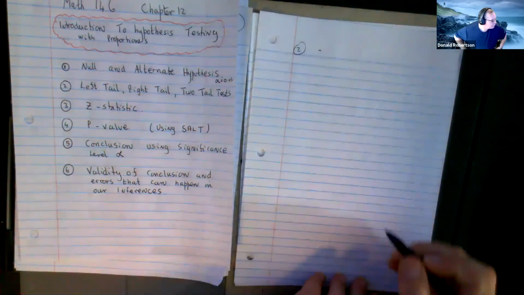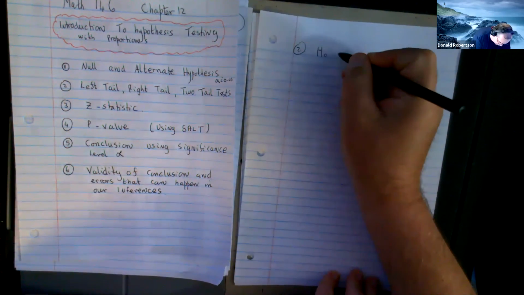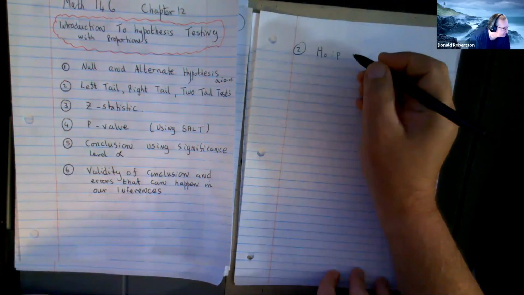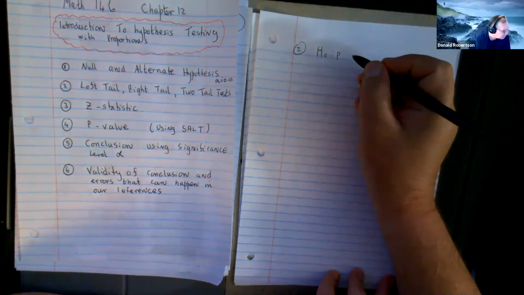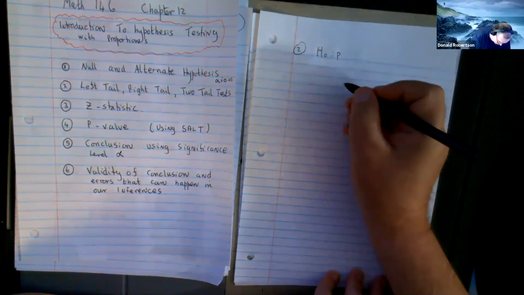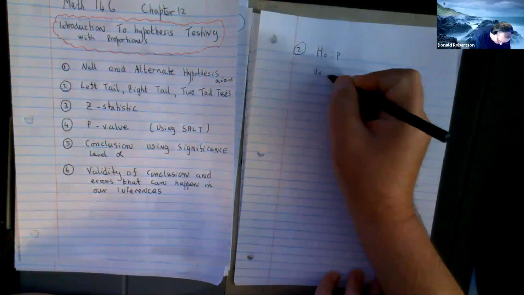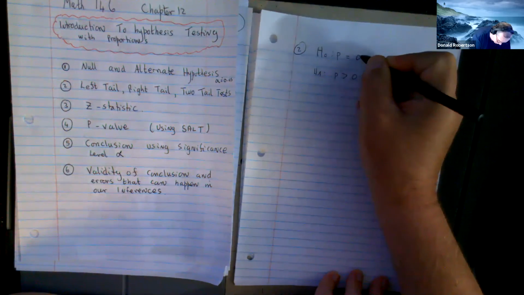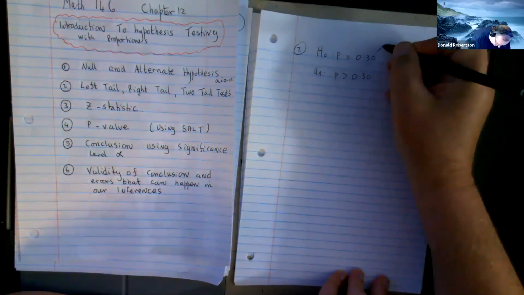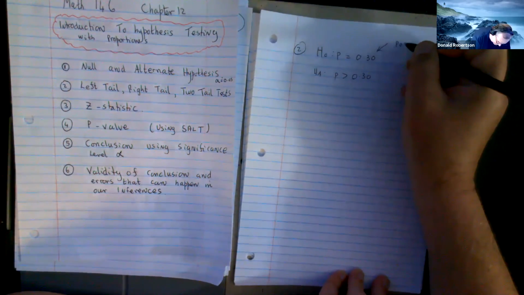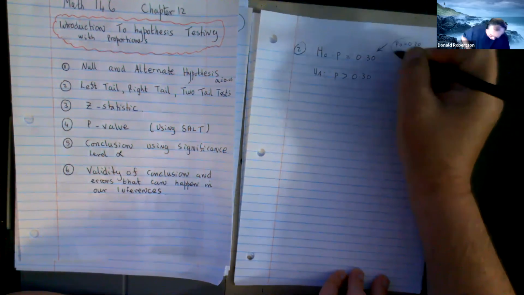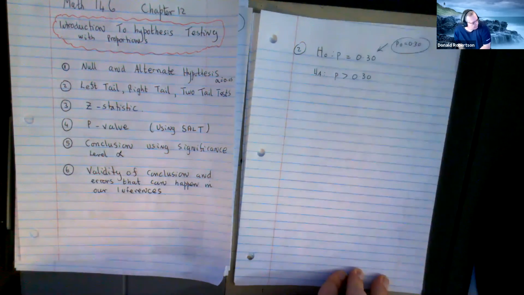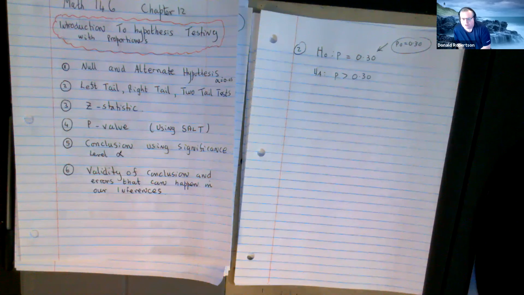This person wants to see if the proportion of people in a particular ethnic group with blood type A is greater than 30%, or it's equal to 30%. That number there is called P naught. I don't think they use it much, but if they do, that's where it comes from.